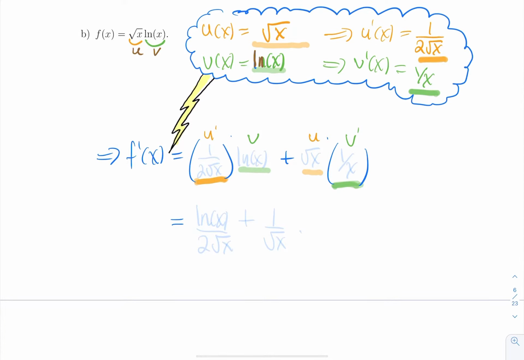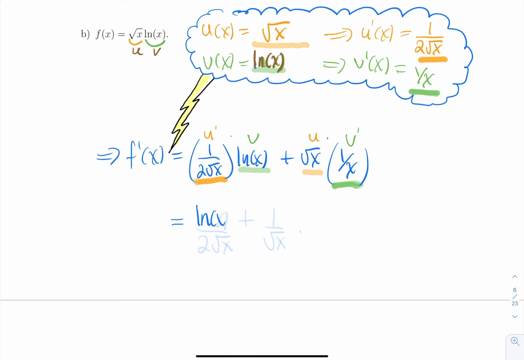So now I have my four functions, and then I just combine them. It's u prime, 1 over 2 root of x, times v, ln of x, plus u, which is root of x, times v prime, 1/x. If you're really in the mood to simplify, this would be fine on a test or in web work.